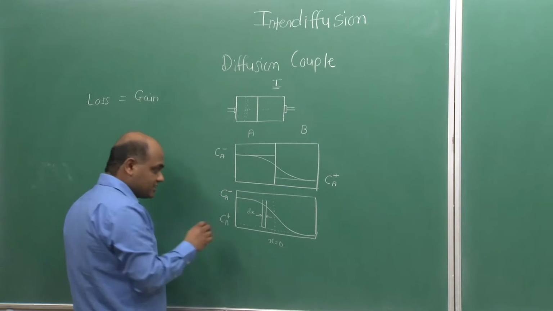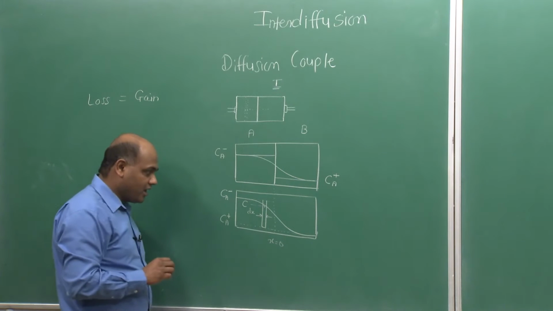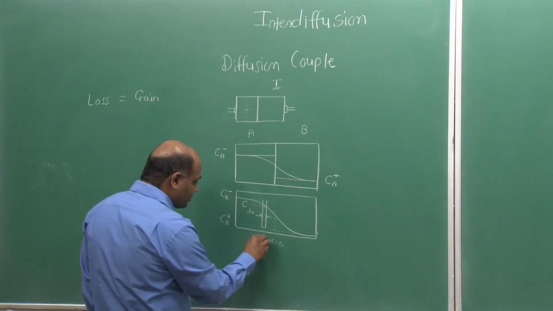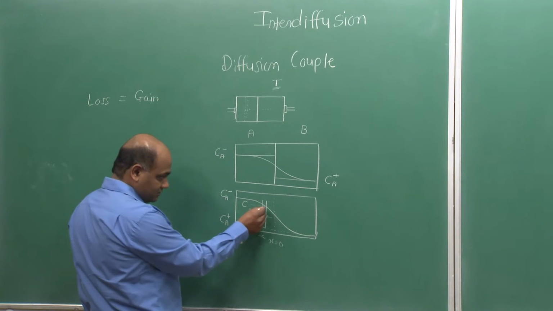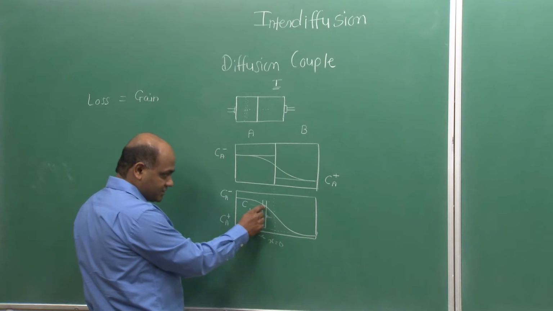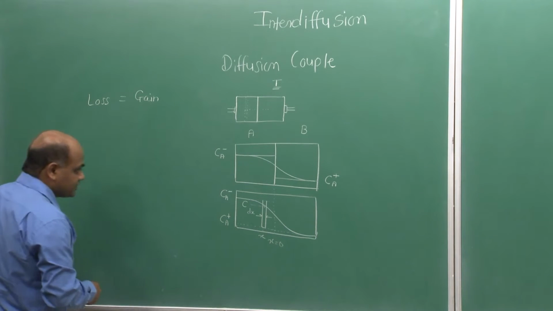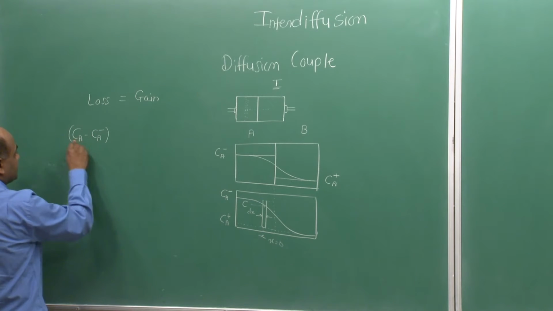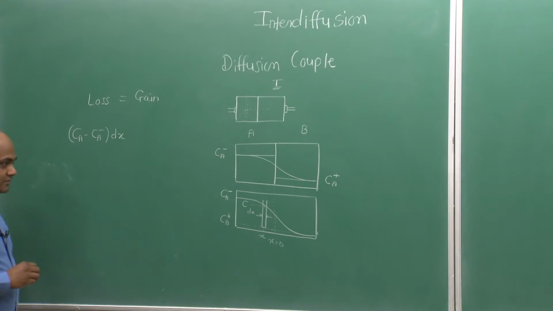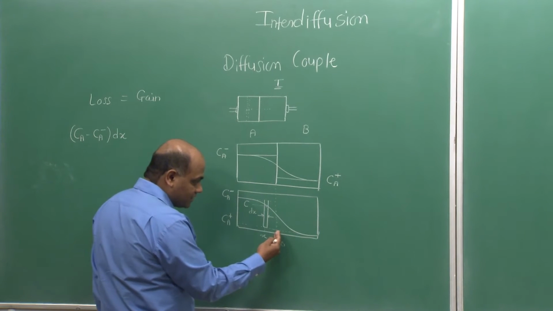So, the loss in this case, if C represents the composition or concentration of A and x is the location of this volume element, let us say, then the loss in this particular element would be the original concentration Ca minus minus Cx, times the volume, which is dx, and the loss will be from left terminal all the way to the plane here, x equal to 0.